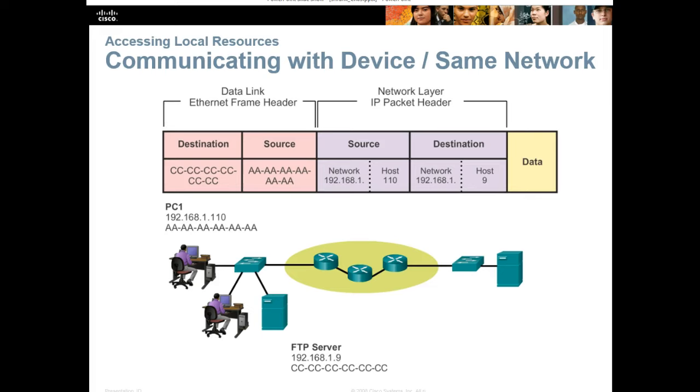You just use the source and destination address of the Ethernet cards. They're framed. So you see you have the source and destination, those are hexadecimal. Here's what an IP address looks like, 192.168.1.110, and then the hexadecimal MAC address. And we'll look at those later on.